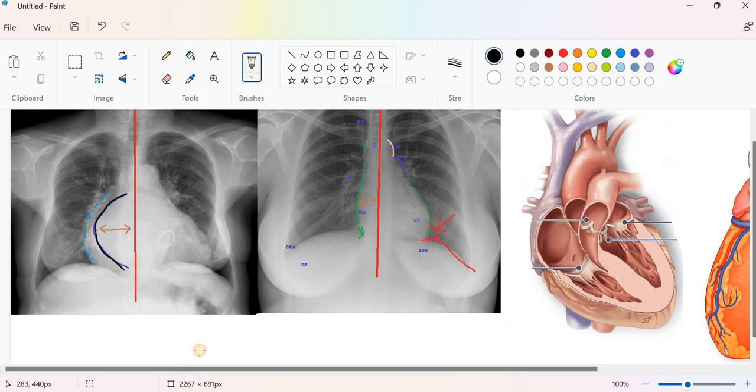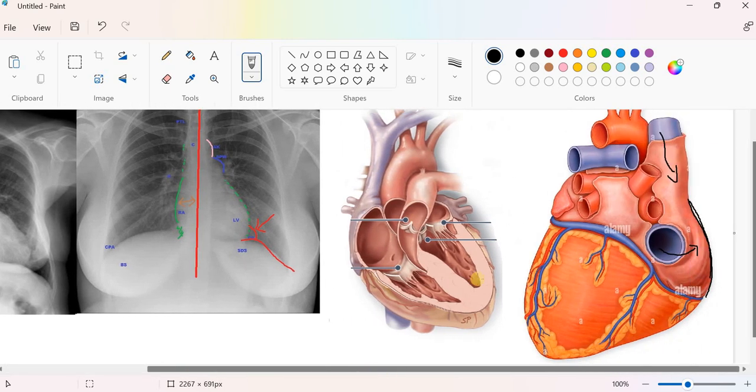I'll make it like that in the same color. Fine. When the left atrium enlarges, this chamber, which is the left atrium, I'll make it with another color. It will enlarge in such a way that it starts enlarging and encroaching backward to the right atrium, so it is appearing on the right side of the right atrium.